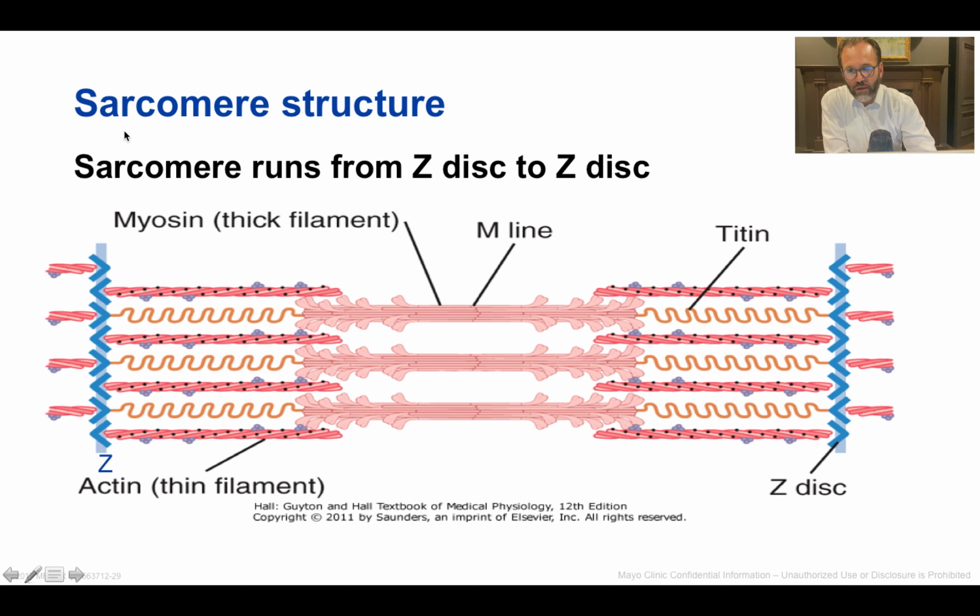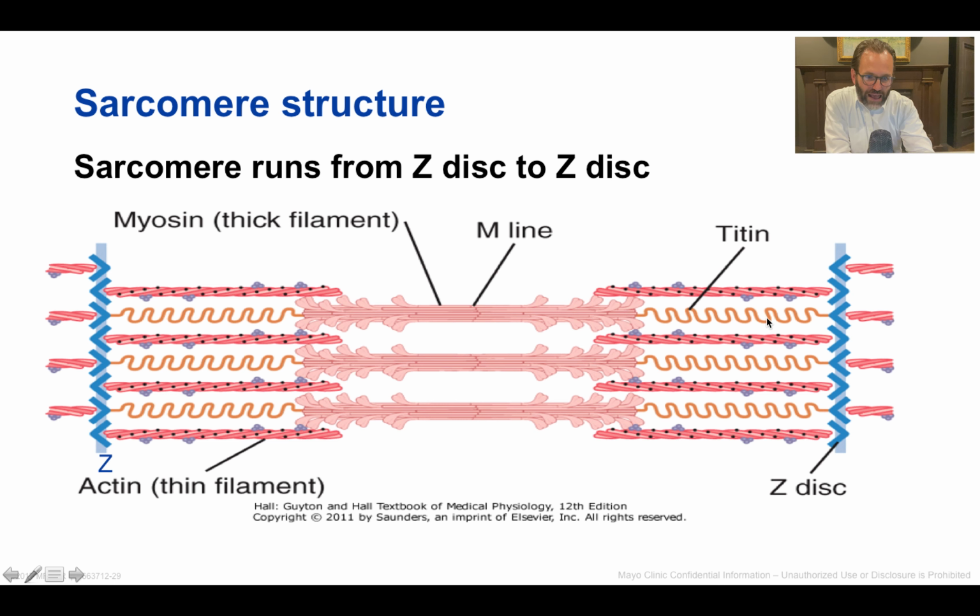Now, when we look at the sarcomere structure and how this all fits together in the context of a sarcomere, you can see we've got the thick filament in the middle here and thin filaments attached at the Z discs here on the end, and then we have a very large protein here.